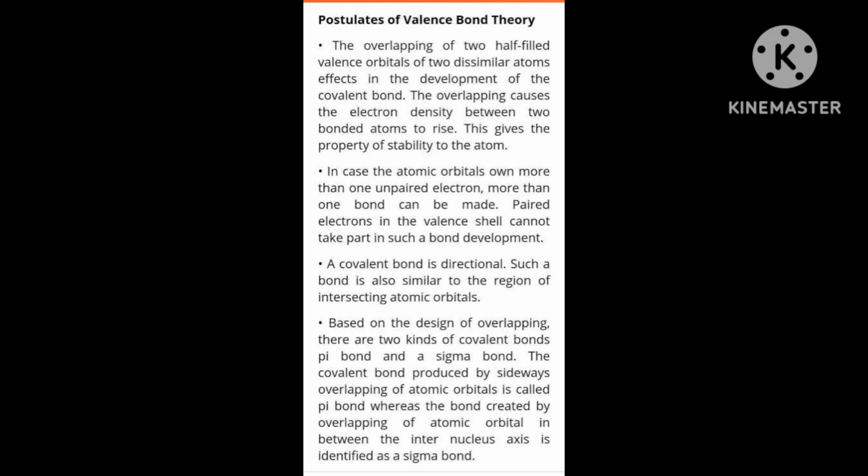Under the influence of ligands, because ligands approach the central metal ion, the metal atom or ion may use its (n-1)d orbitals, ns orbital, and np orbitals, or ns, np, or nd orbitals.